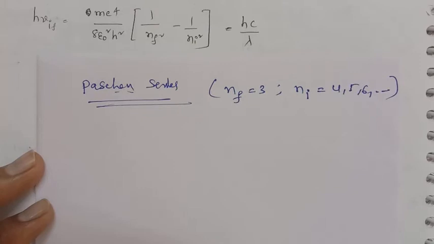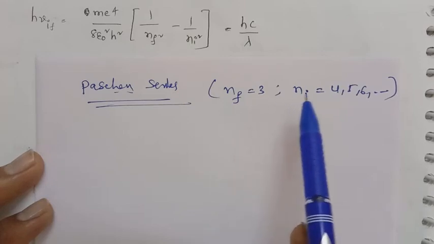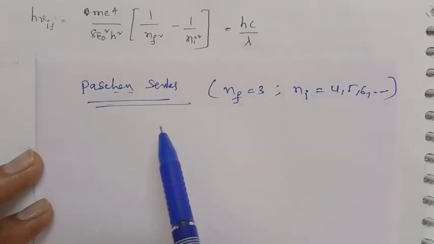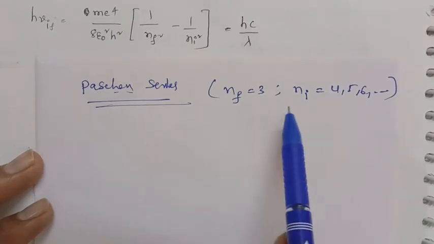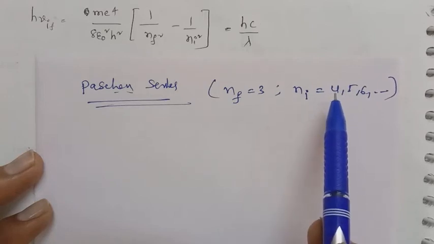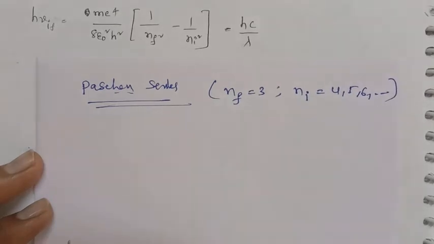That type of series is called the Paschen series. Here the final state is the third state and the excited states are 4, 5, 6. The electron makes a transition from the excited states 4, 5, 6 and so on to the third state. Then that series is called the Paschen series.